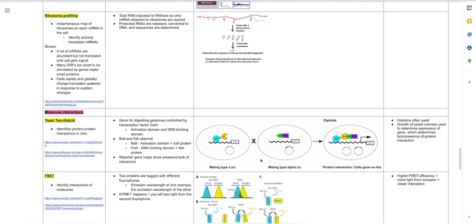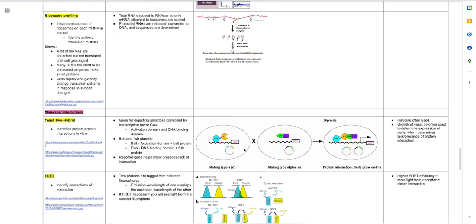So you take advantage of that. You have what's called a bait and a fish plasmid. A bait is your activation domain plus your bait protein, which is shown in green in this picture.